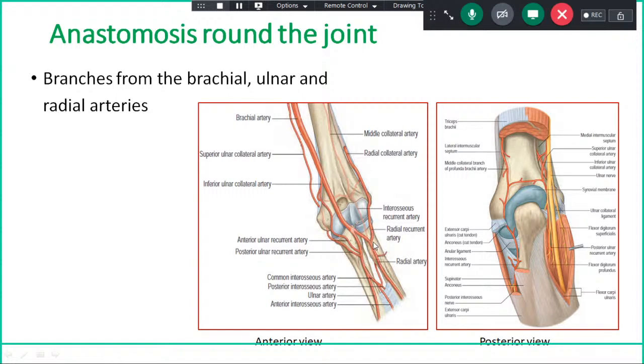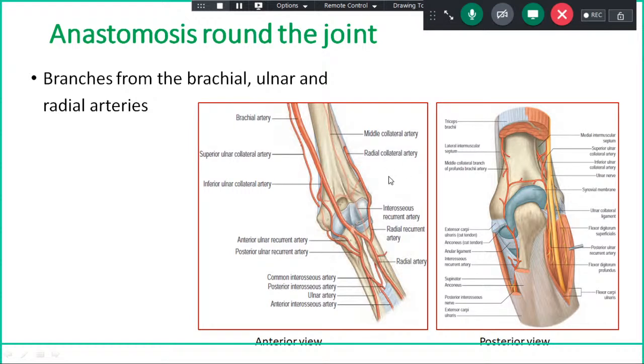Similarly, from the radial artery, the radial recurrent artery goes out in front of the lateral epicondyle. From the brachial artery on the medial aspect, there is a superior ulnar collateral artery and an inferior ulnar collateral artery, which will anastomose with the anterior and posterior ulnar recurrent arteries.